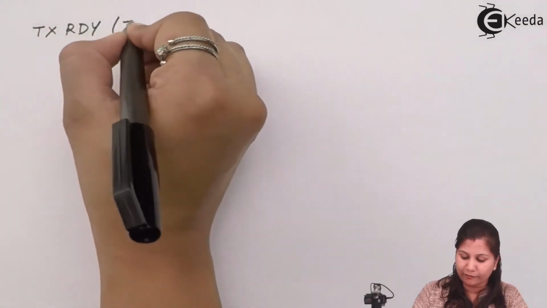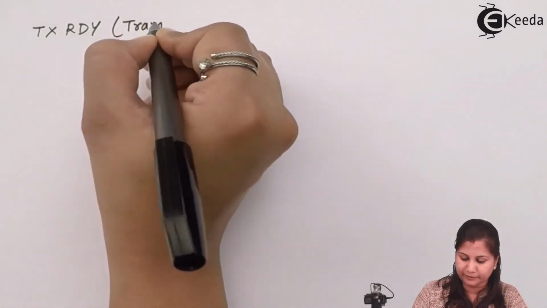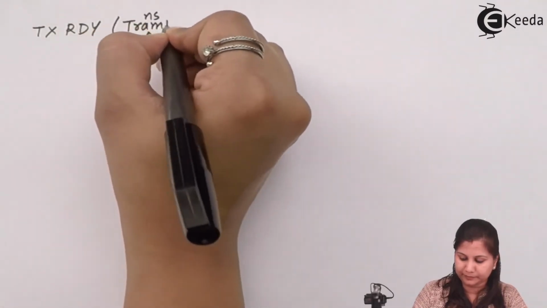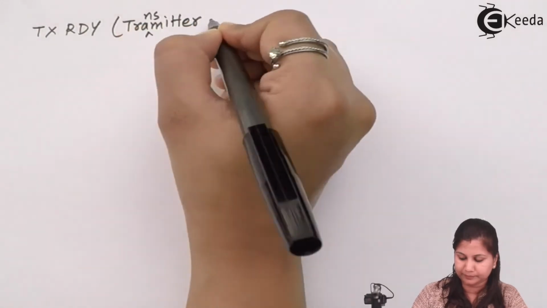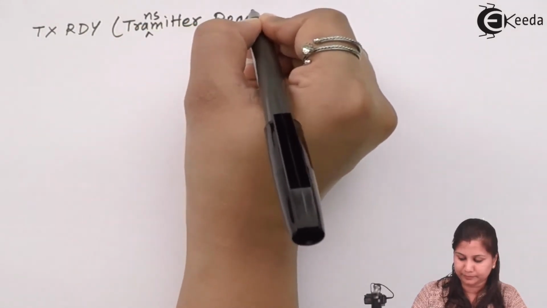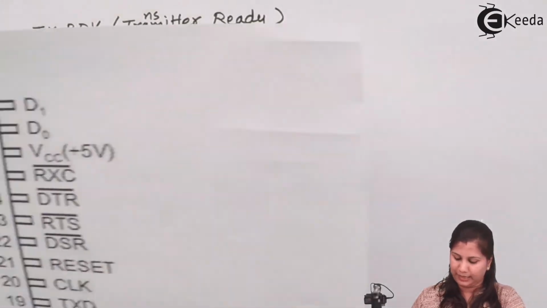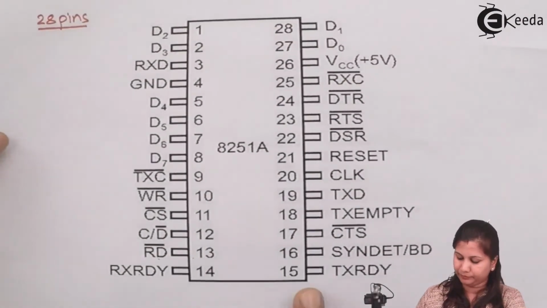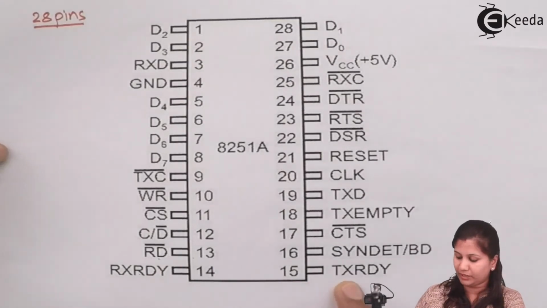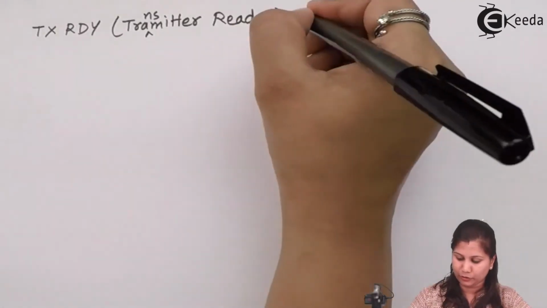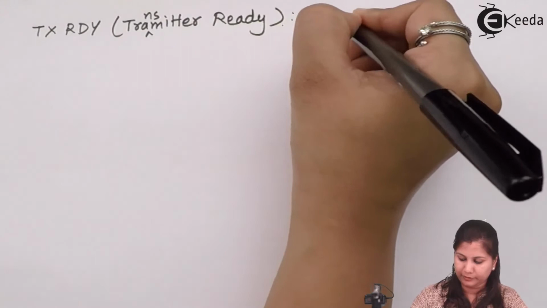This is for transmitter ready, and this is available at pin number 15. You can see here we have TX ready, so this is at pin number 15.